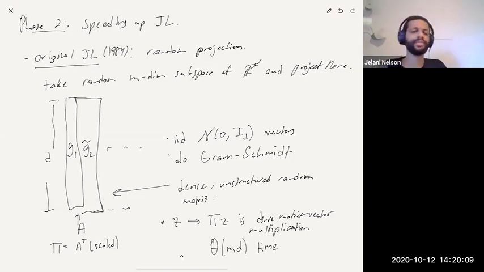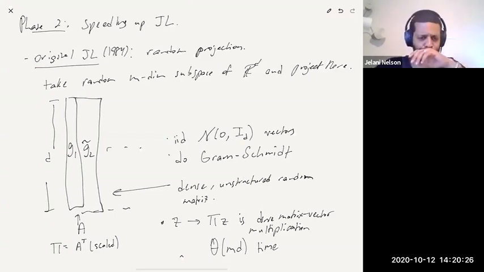You have an M by D matrix. It's dense, it's unstructured. You're multiplying it by a D-dimensional vector. That takes time M times D. So naturally there's a question here of, can I do that faster? Can I get the same kind of JL guarantee with a faster embedding method?